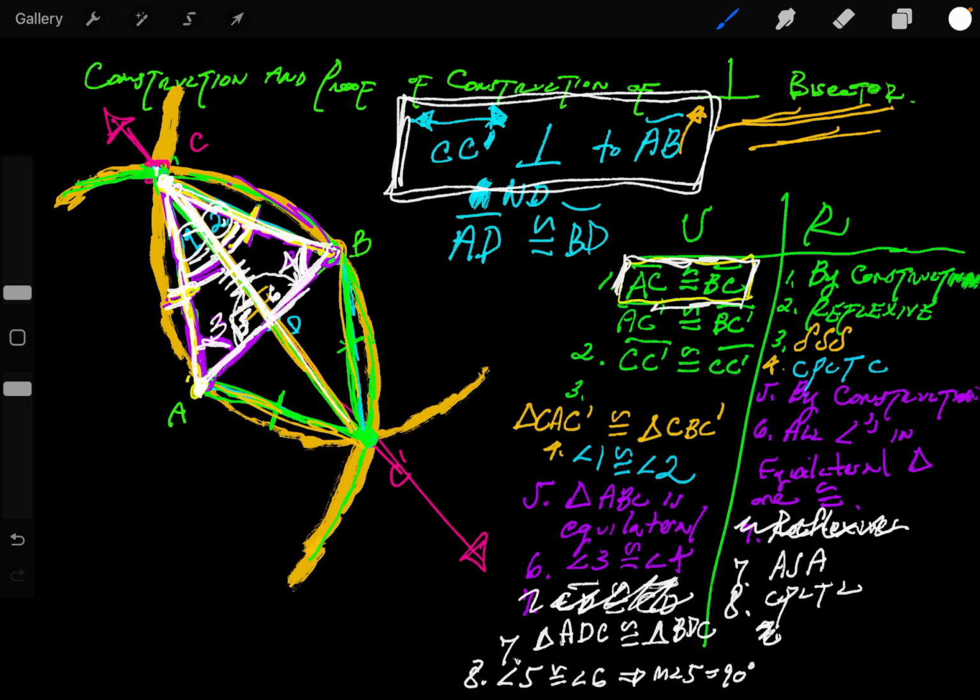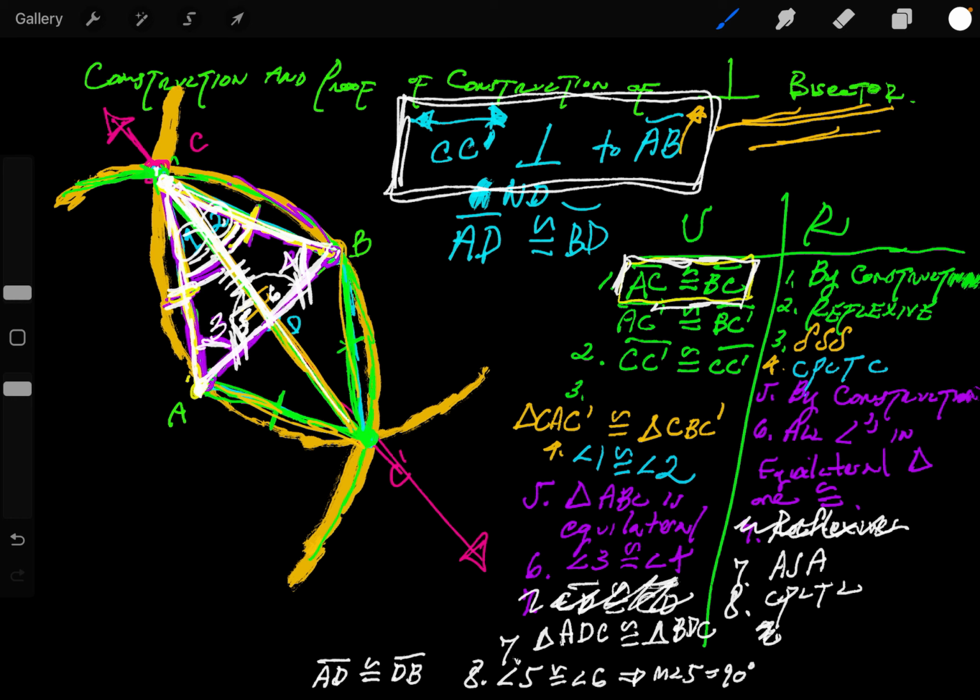Now, also with 8, I'm going to say that AD is congruent to DB by CPCTC. Okay, because of CPCTC. Look, this triangle is the same as the other one on the other side, so therefore all their side lengths are congruent.